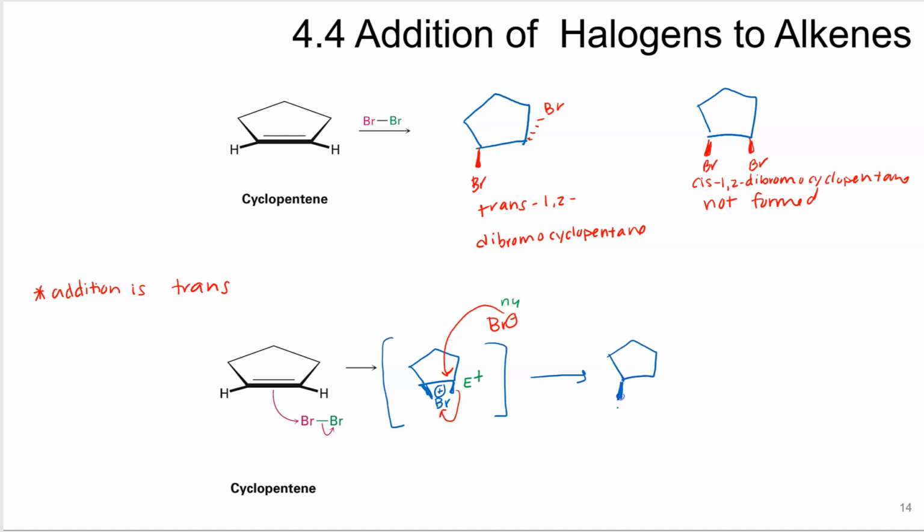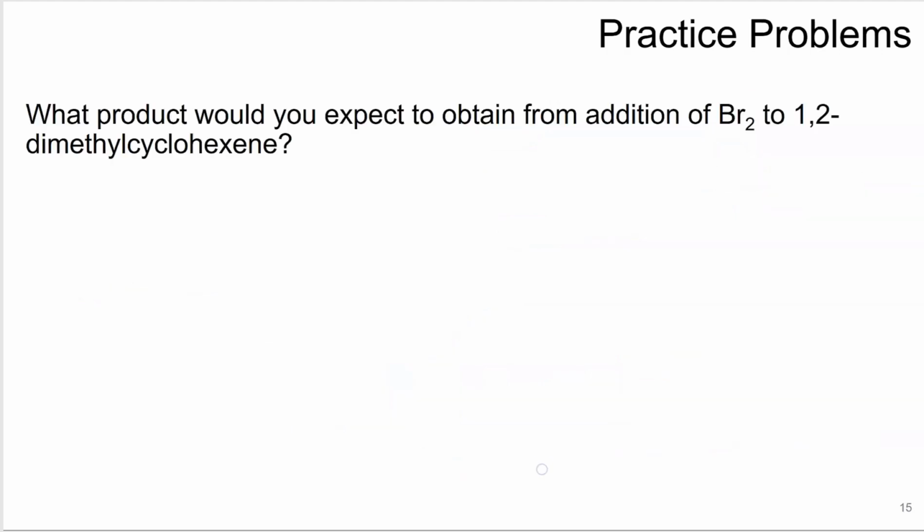So that one got kicked off and got its electrons back. And then we have this Br that came in from the underside. So that's how that one would work.